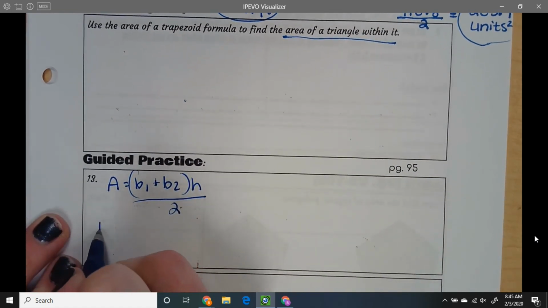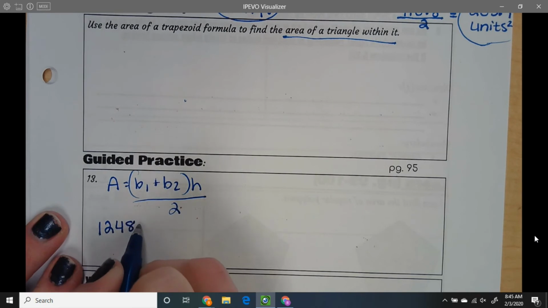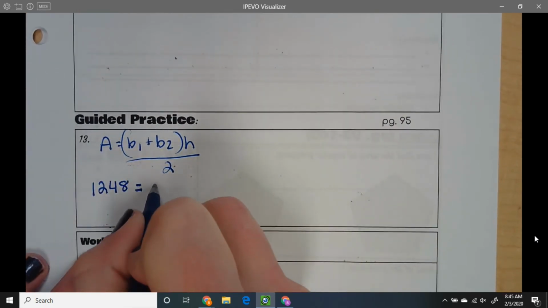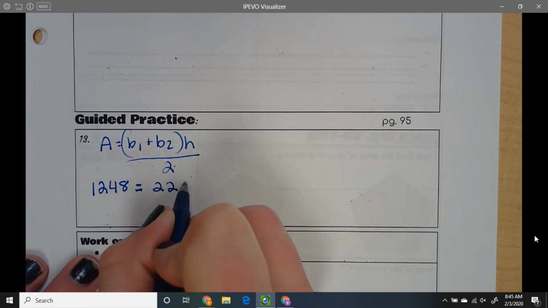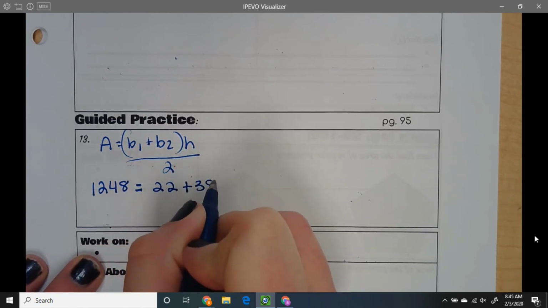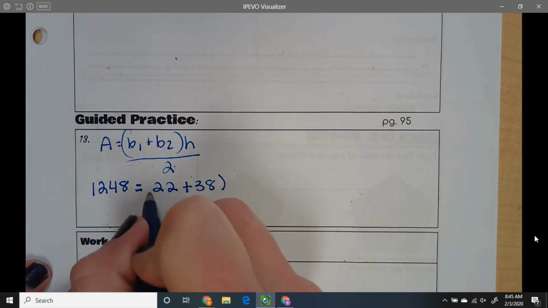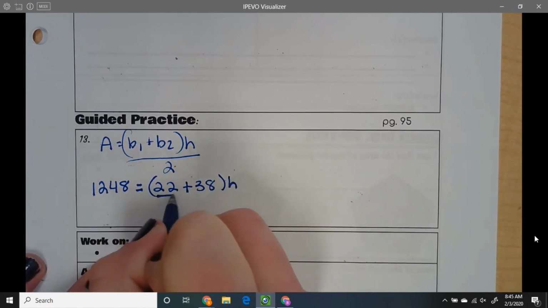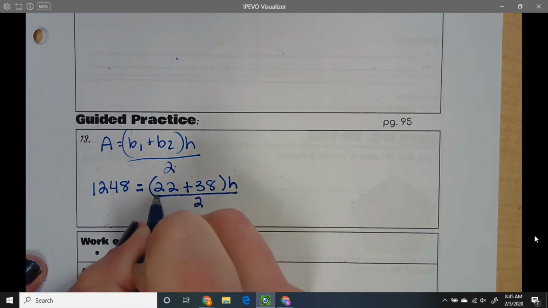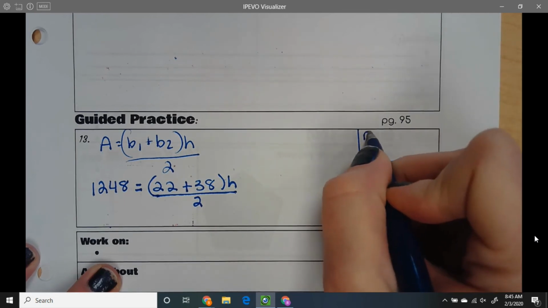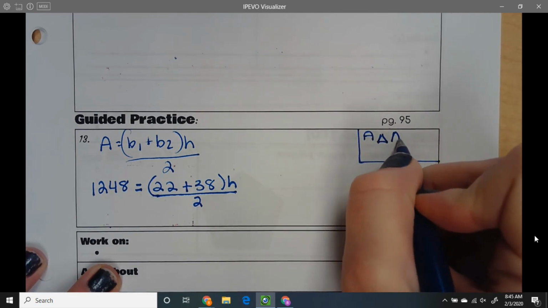So we know the area of the trapezoid. And from the picture, we know the base 1 and the base 2. I don't know the height. And they want me to find the area of triangle ABD.